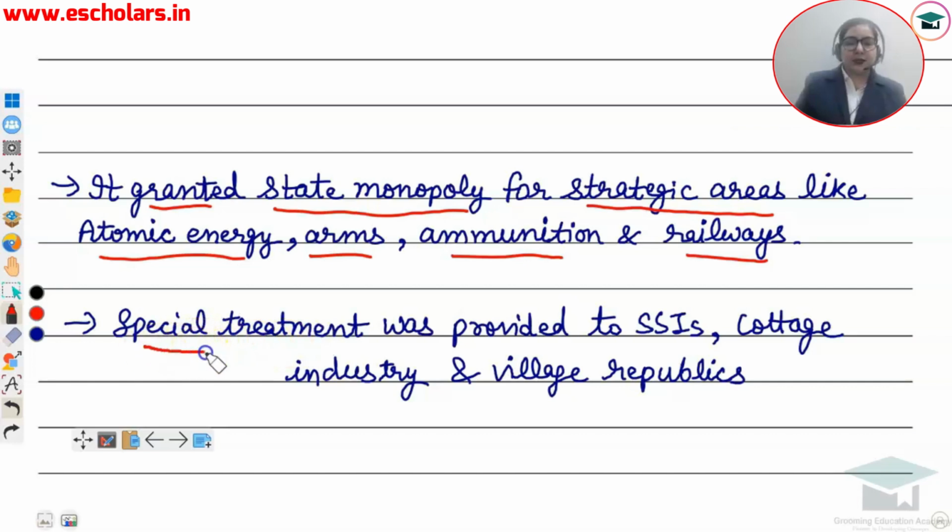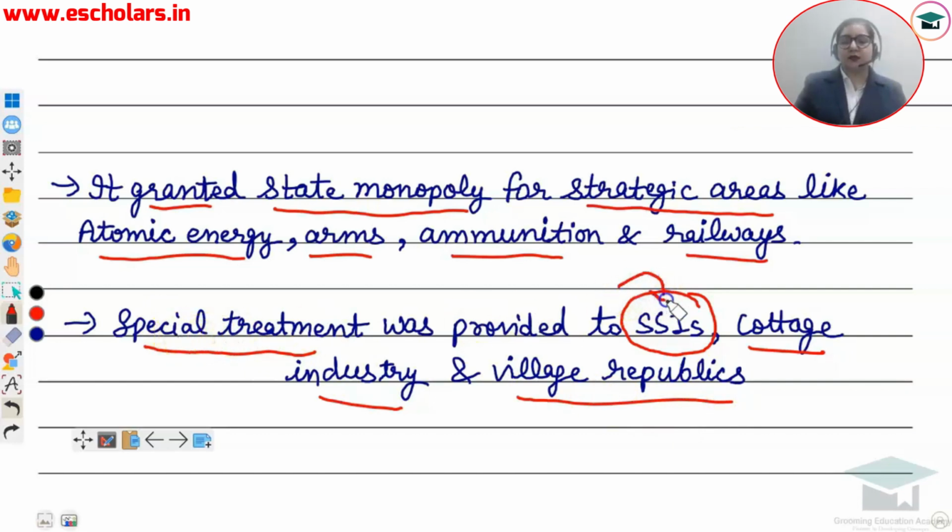And special treatment was provided to SSIs, that is small scale industries, and cottage industries and village republics. So one of the examples of providing special privilege to the small scale industries was tax rebates. Providing subsidies to small scale industries, and there were certain products which were reserved for production by small scale industries only.